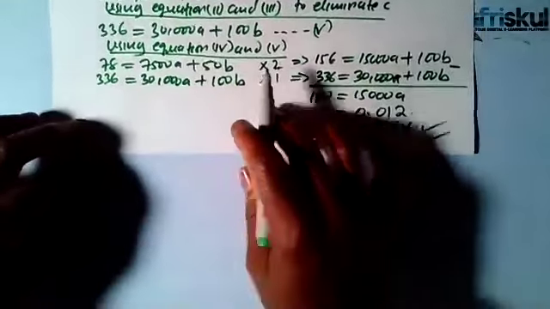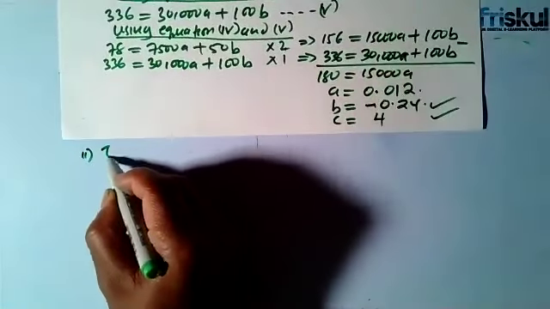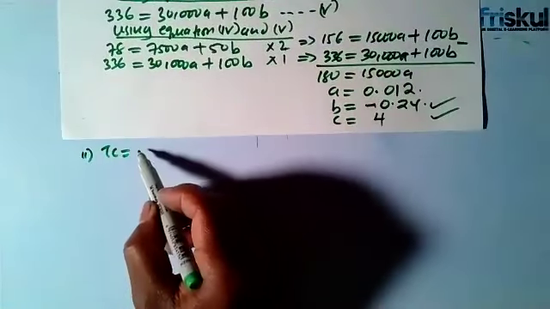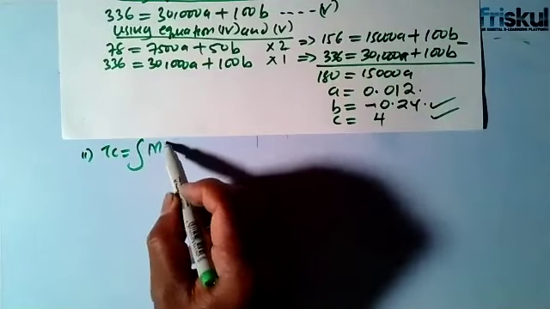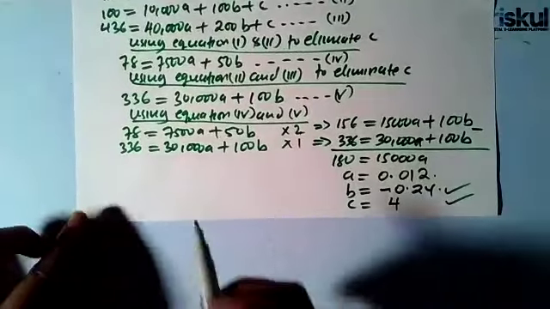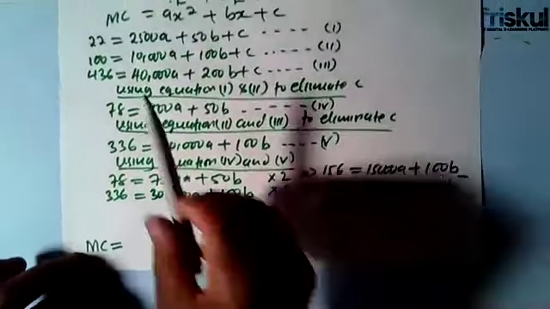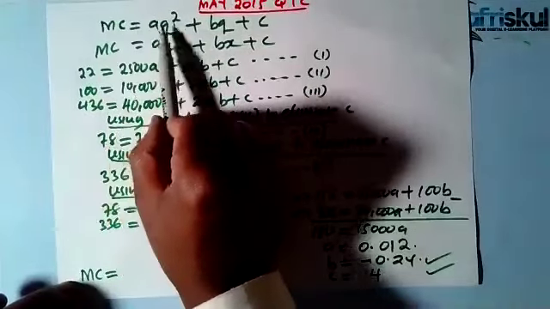So, number 2, to get the total cost, you integrate marginal cost. Actually, let us write, we have not written the marginal cost. The question, they wanted the marginal cost. So the marginal cost will be, this was an equation, AQ squared.